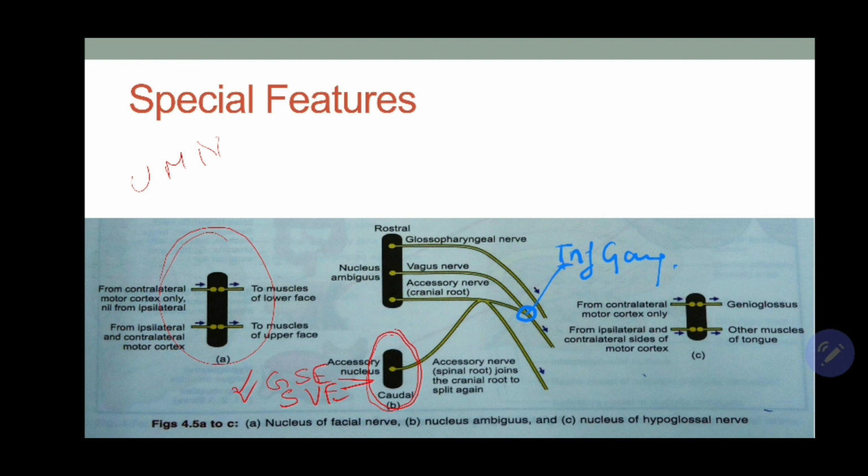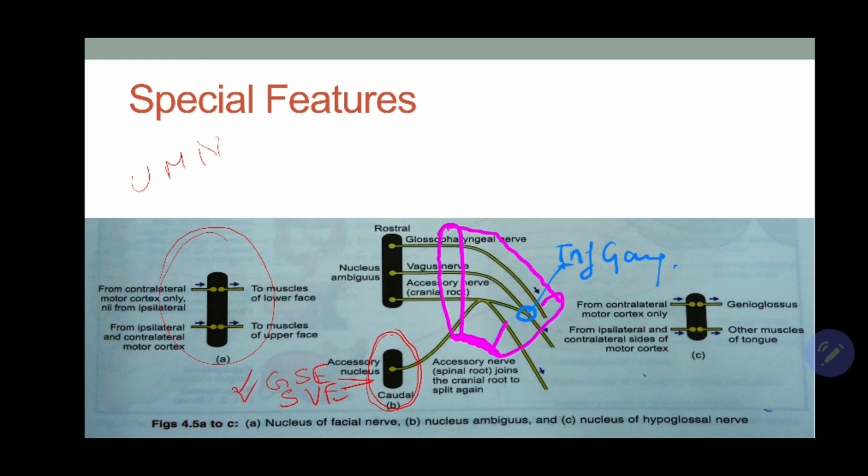Another important question here, let me draw it for you so it will be better to visualize. This is the entry point of the jugular foramen, and this is the exit point of the jugular foramen. Got it? So this is the jugular canal through which these nerves are passing.